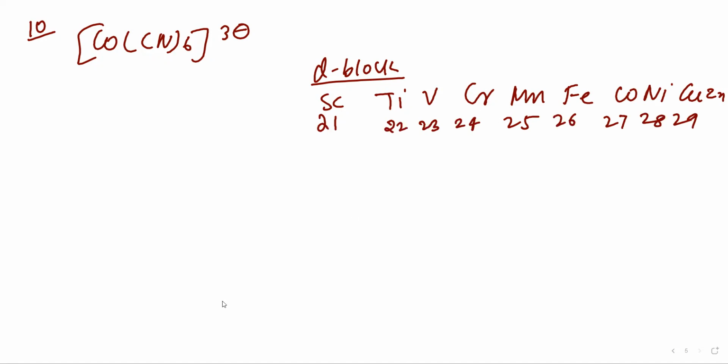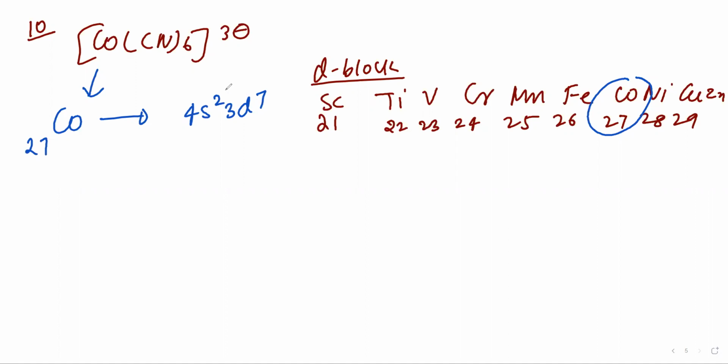So its atomic number is 27. It comes after iron and before nickel. The electronic configuration will be 4s2 3d7, and before that argon representing 18 electrons.